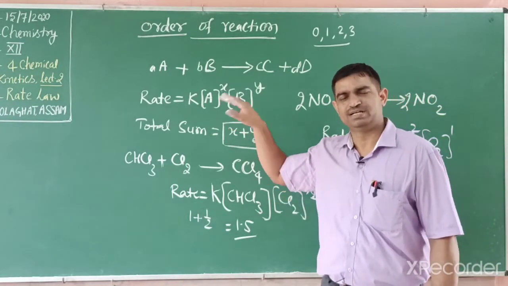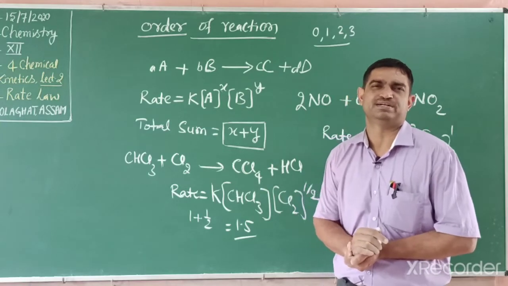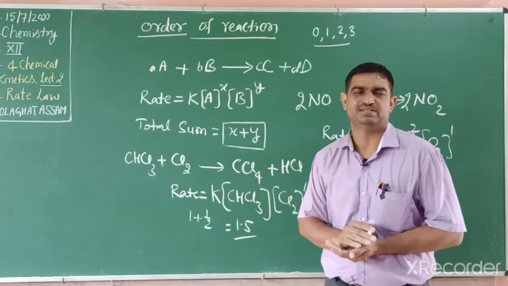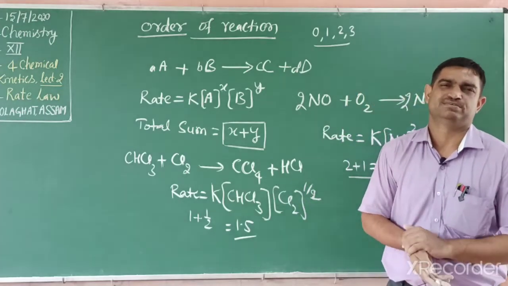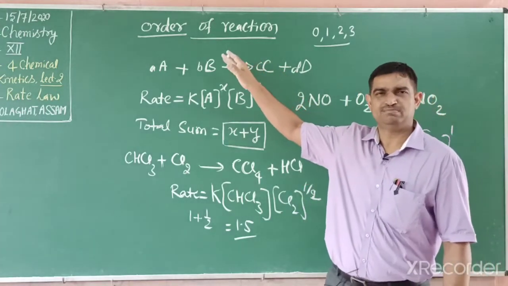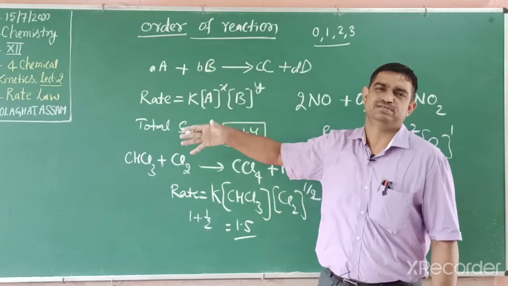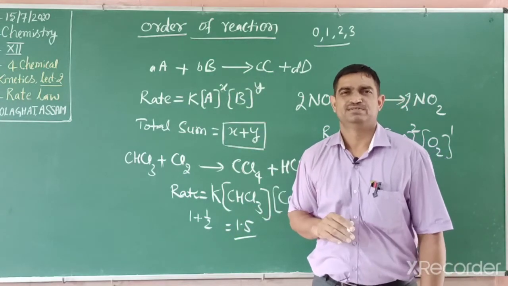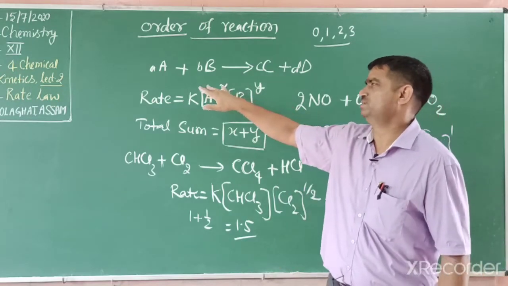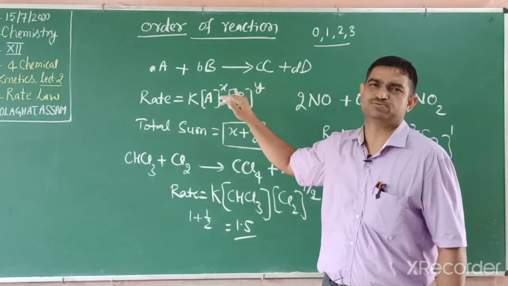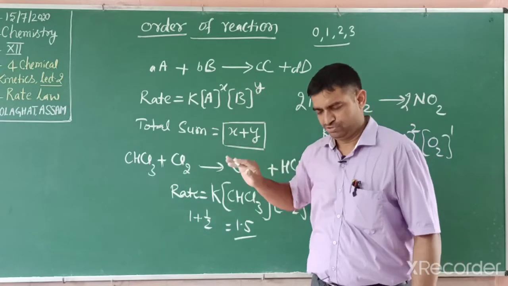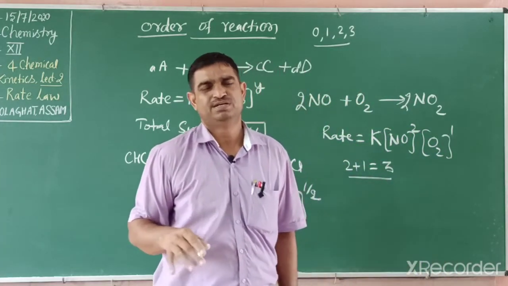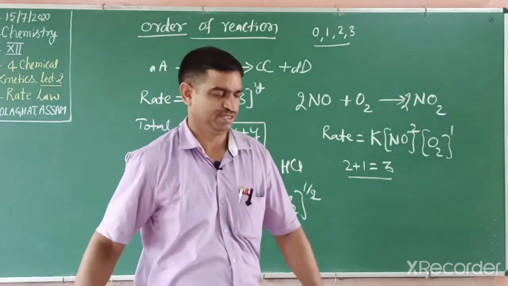This is only an experimentally determined step, and if the rate law is given, we can identify the order of a reaction. This is a very important term. We will study this topic in detail in this chapter. Order of a reaction is only the total sum of power of exponents. So students, we can solve some numerical problems in our NCERT book by this order of reaction.